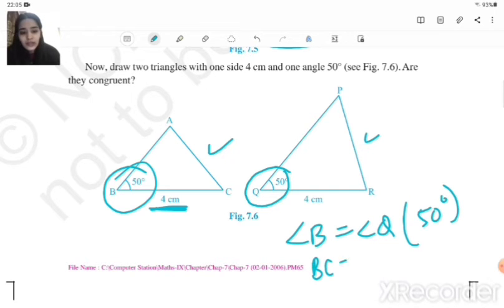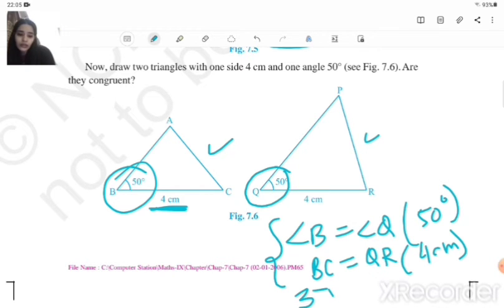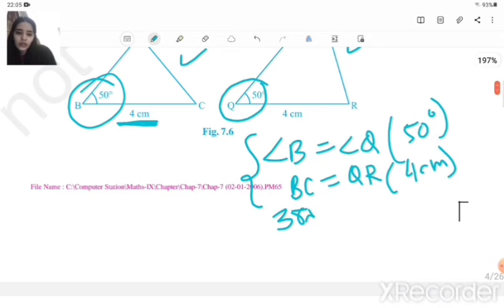And BC is equal to QR, each 4 centimeter. But still, as you can see, the shapes and the size of these two triangles are not similar, right? So this means that we need a third condition.